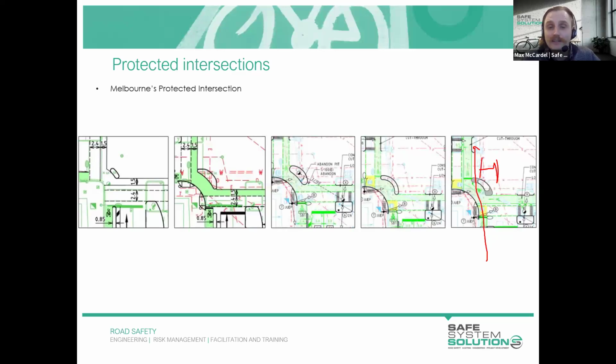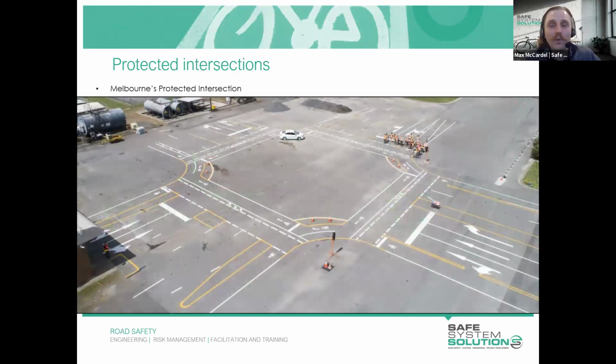This could work on this particular site. What they decided to do was they drew a 1-to-1 scale mock-up of this intersection at a depot, so a completely off-site, locked gates and things like that, not open to the public.